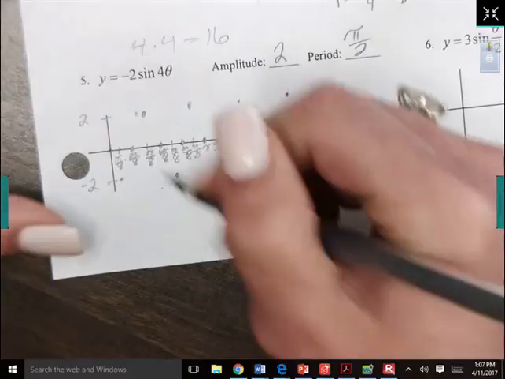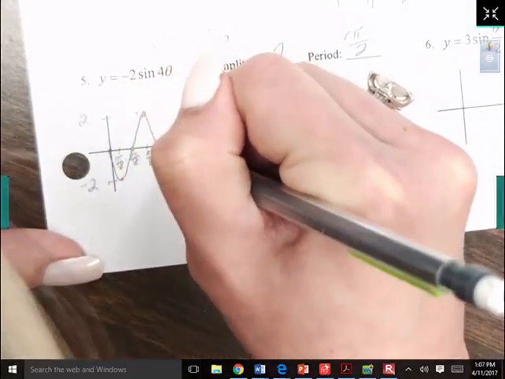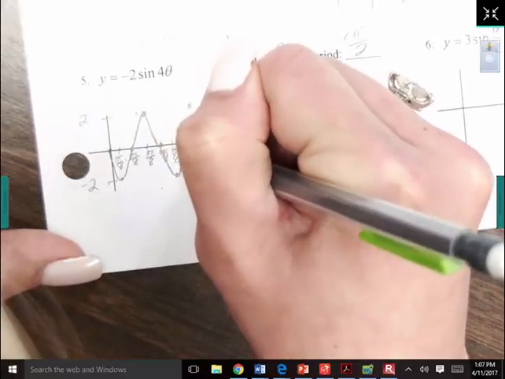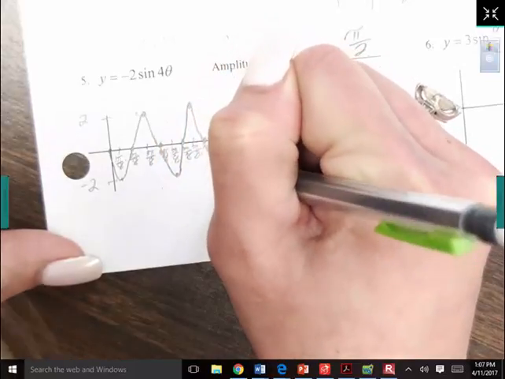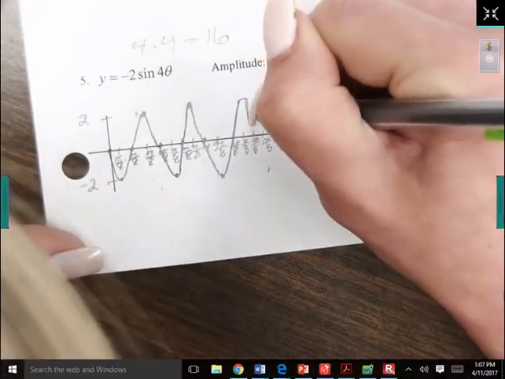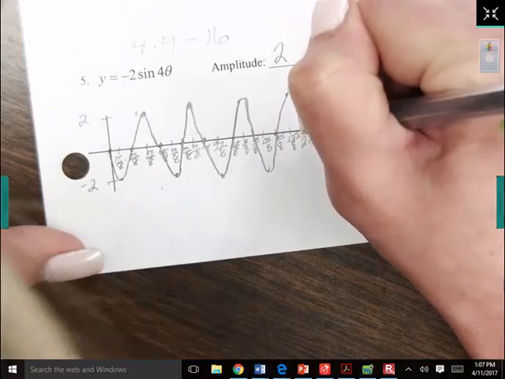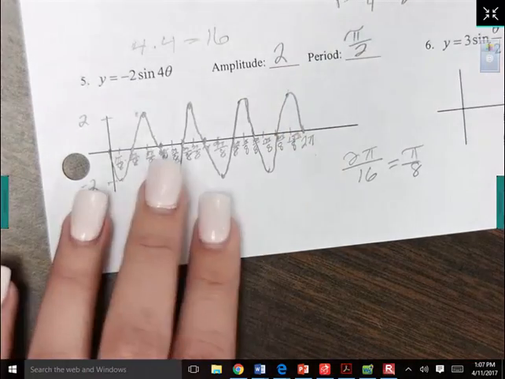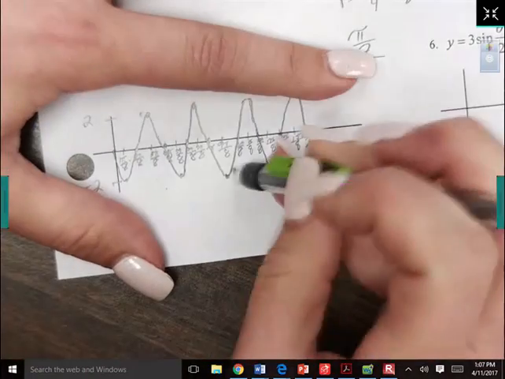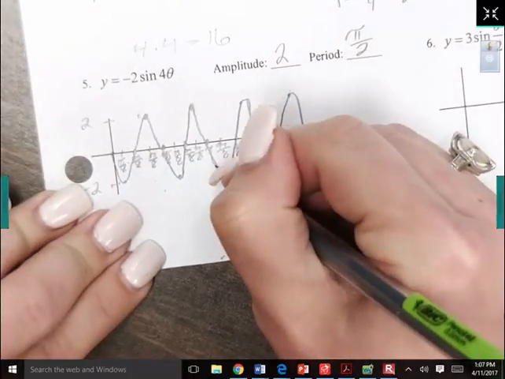Okay. All right, so it looks a little weird because I'm bad at graphing, but it should look symmetric, okay?